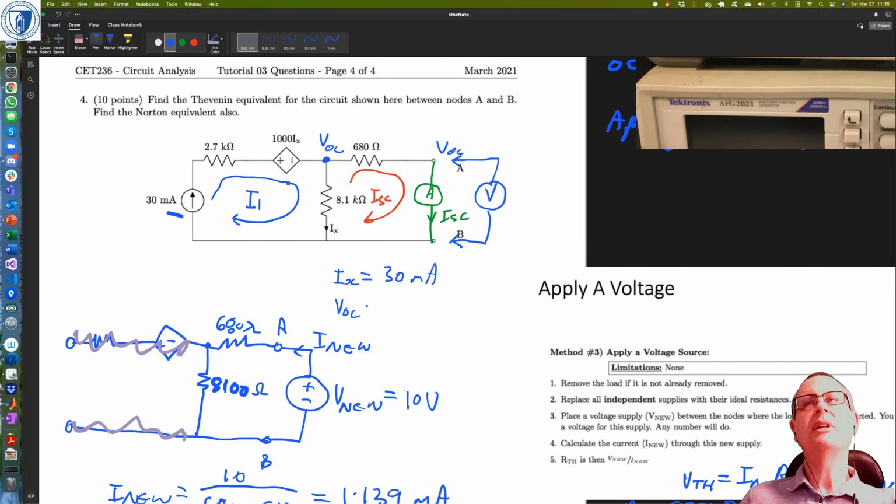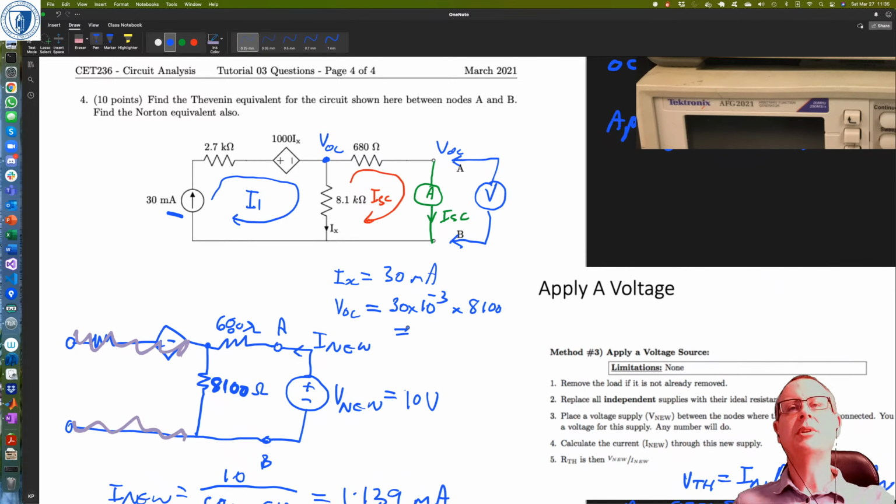And this one's pretty nice because we know what the current is. So our open circuit voltage is just the current times the resistance.